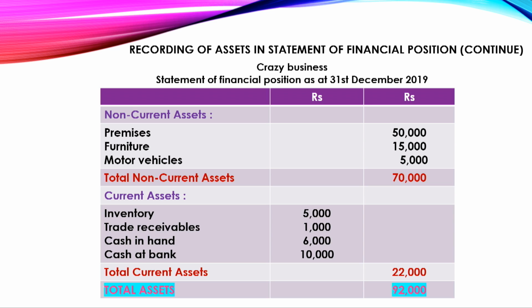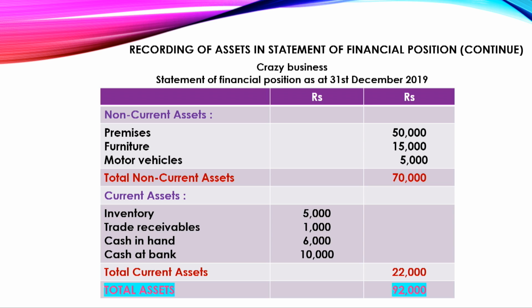Then, at the top of the table, you should write the Statement of Financial Position as at 31st December 2019. As seen on the screen, the Statement of Financial Position consists of 3 columns, and the 2 last columns are smaller as they contain the amounts.